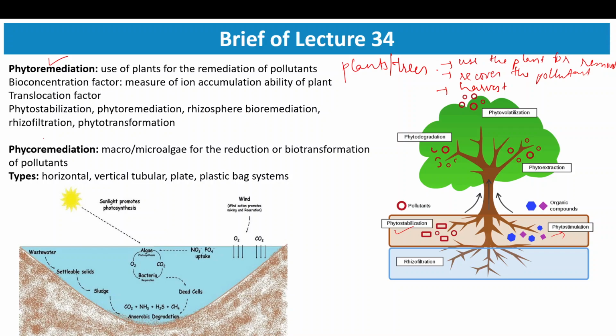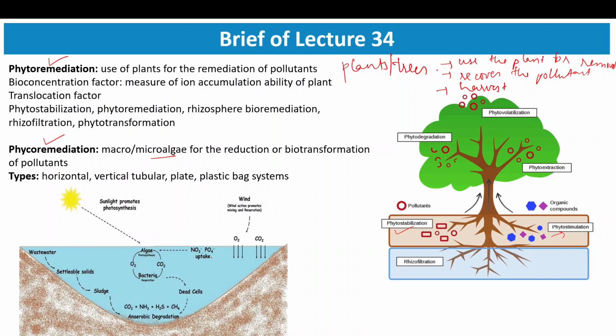Now another is phycoremediation, where algae is used for the reduction or transformation of pollutants. Here you can see in the schematic, algae in the presence of sunlight takes up carbon dioxide and releases oxygen.